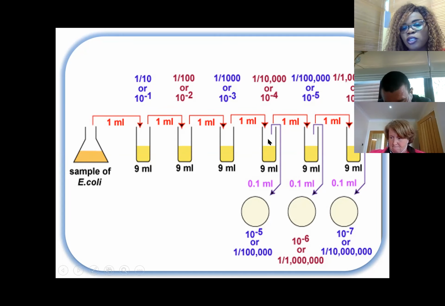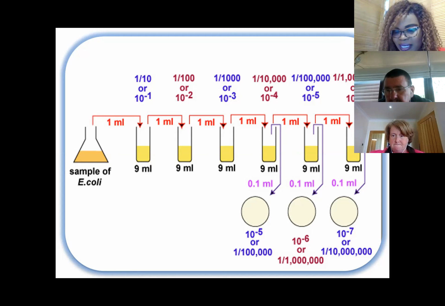You take 0.1 ml, so this is 100 microliters, not up to 1 ml anymore. When you plate it, whatever number of cells you have, you multiply that by 10, then multiply by the dilution factor, which is 10 to the 4. So at the end of the day, you have 10 to the 5.